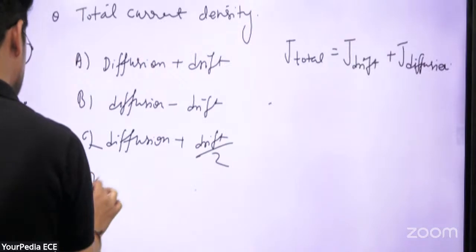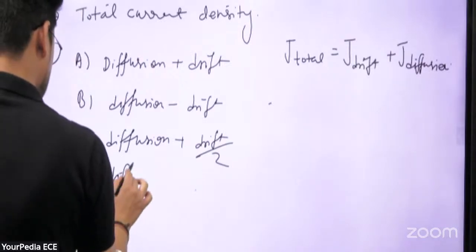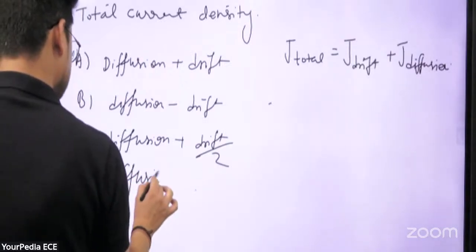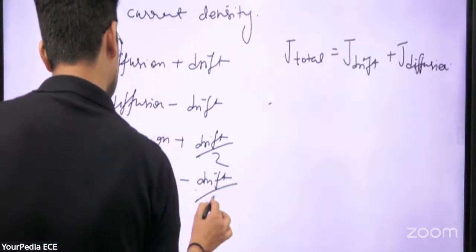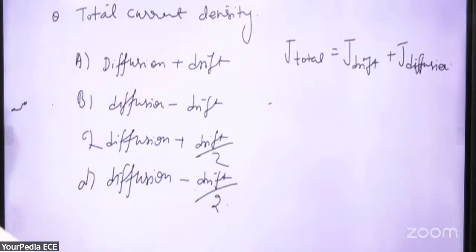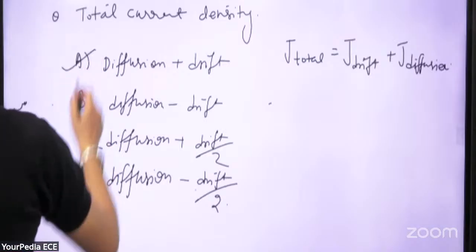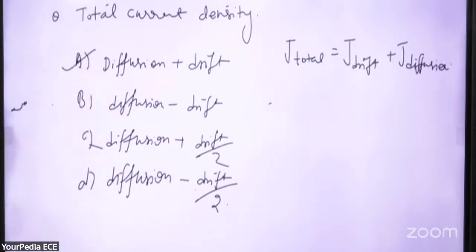And the D option, diffusion minus drift divided by 2. Whenever we are talking about the total current density, that will be the sum of diffusion current density plus drift current density. So the option will be A here, right? Check it.